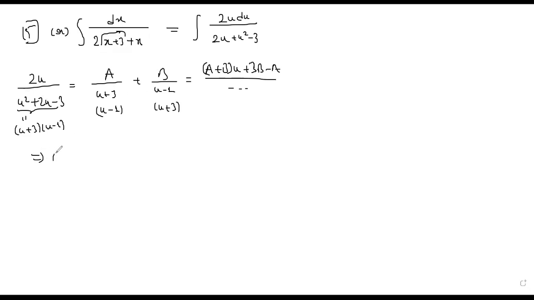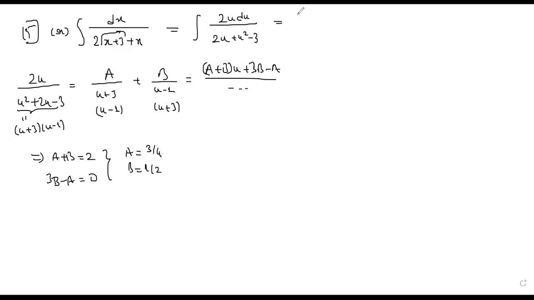Then it gives a plus b is equal to 2, the coefficient of u, right? And 3b minus a is equal to 0. If you solve it, you will have a equals 3 over 4 and b equals 1 over 2.